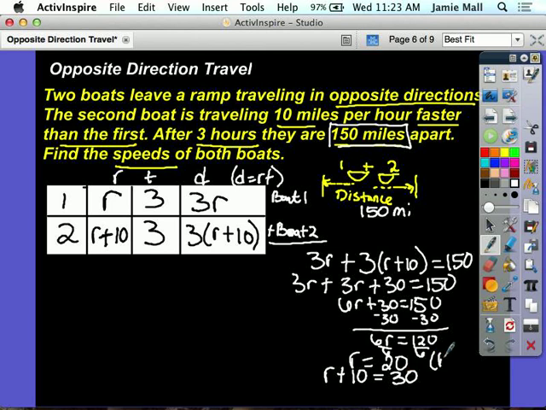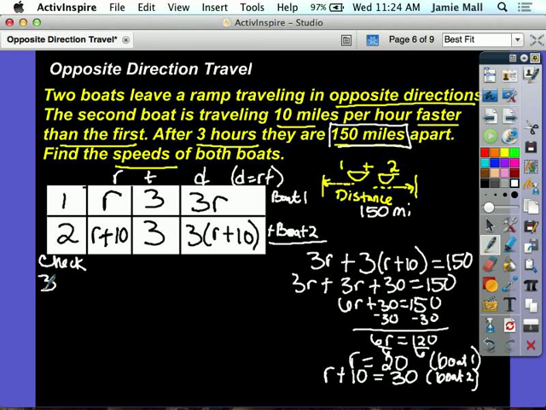Sometimes it's helpful, not necessary, but sometimes it's helpful to remember that this is the rate of boat 1 and here is the rate of boat 2. I'm on to the check. For my check, I'm just going back to the original equation. I'm trying to figure out if the distance that boat 1 travels plus the distance that boat 2 travels is truly equal to 150. So rate times time equals distance.